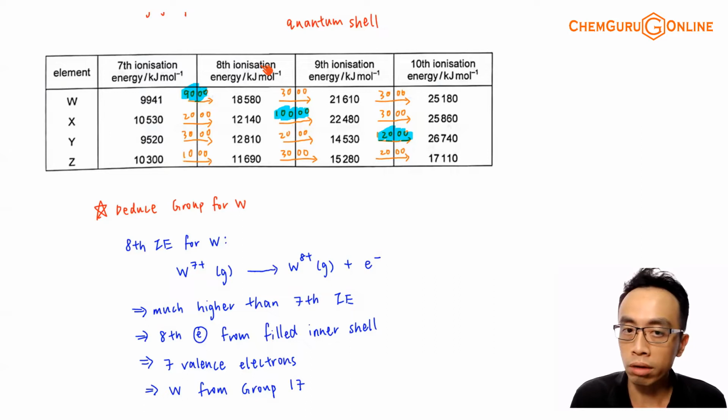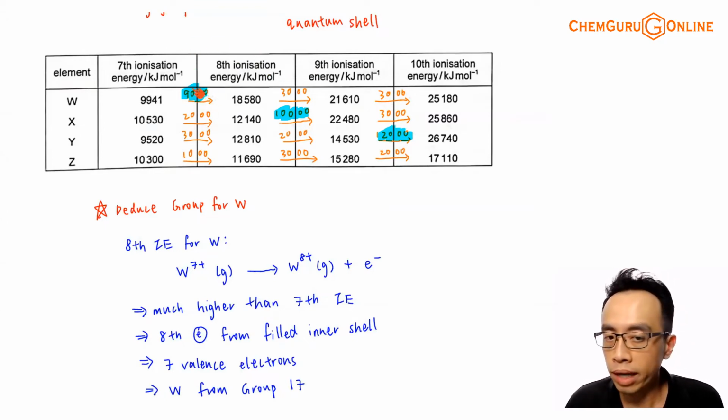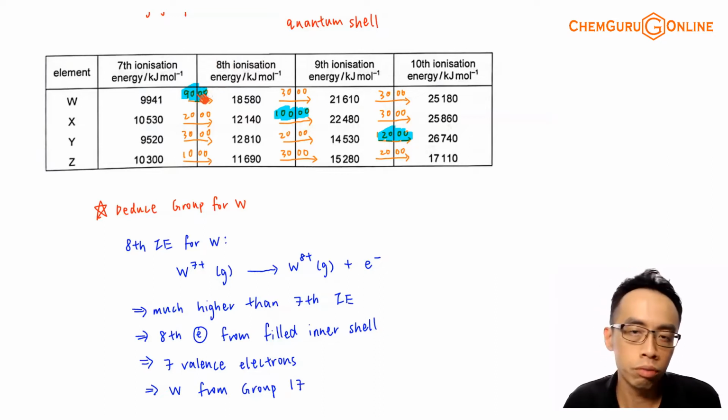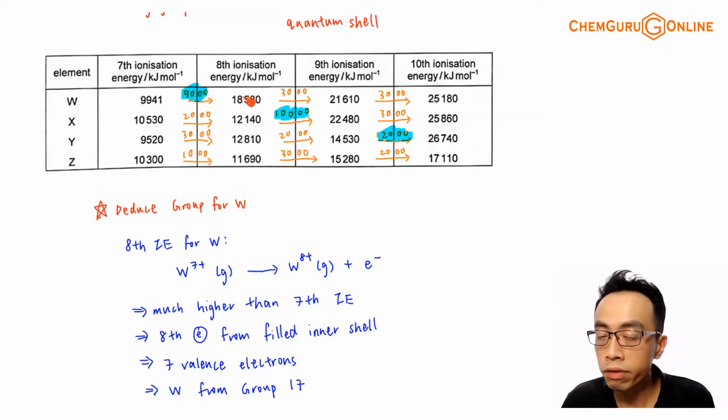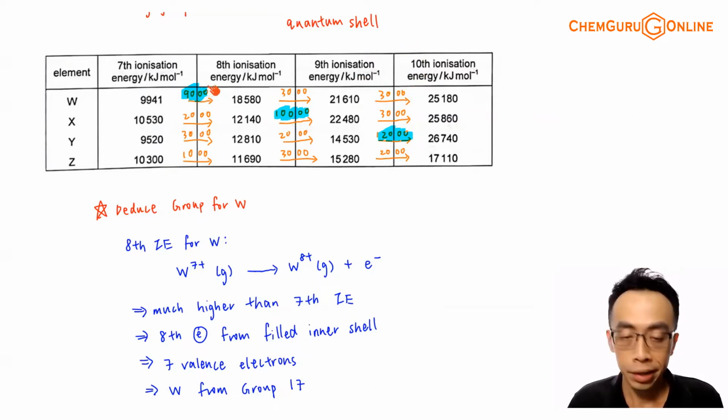And of course, what we want to look out for is a very big increase in IE, because that will correspond to a change in the principal quantum shell. So for W, 7th and 8th IE, the difference is about 9,000. Again, a rough calculation will do, because we are looking out for significant change. IE number 8 and IE number 9, the difference is about 3,000. Then IE number 9, IE number 10, the difference is about 3,000. So this 9,000 difference is significantly larger than the rest of them.